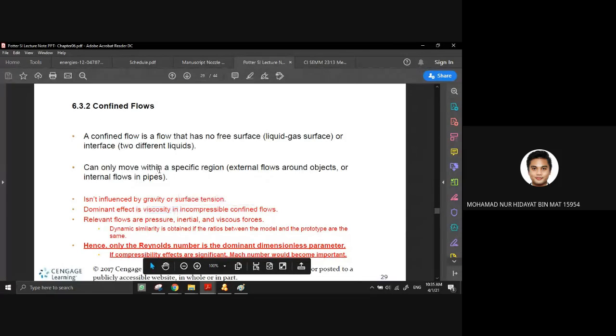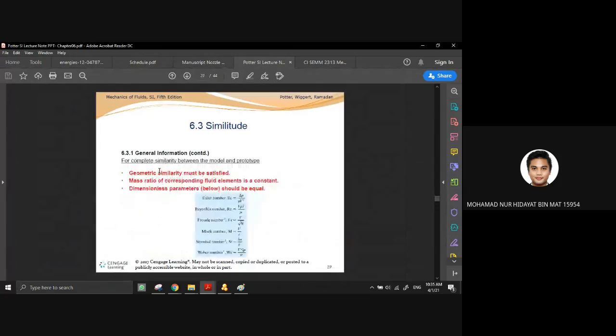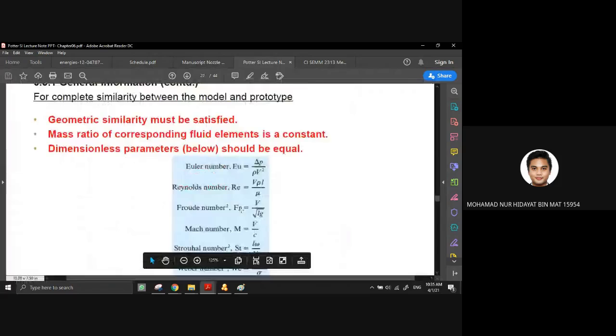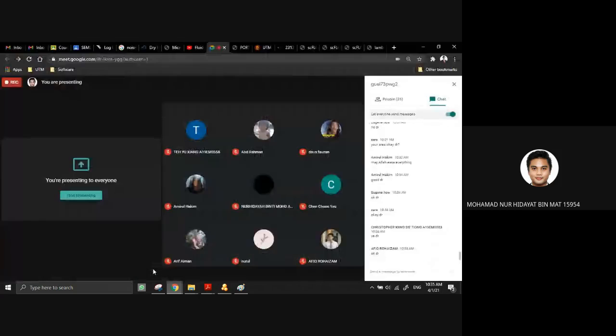So what's the common dimensionless parameter that affects the viscosity? Is it Euler number, Reynolds number, Froude number, Mach number, Strouhal number, or Weber number? What is the dominant effect shown here with the viscosity?